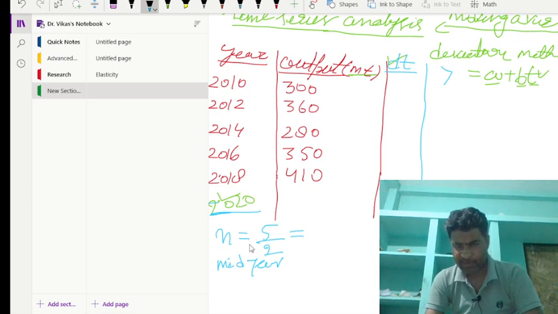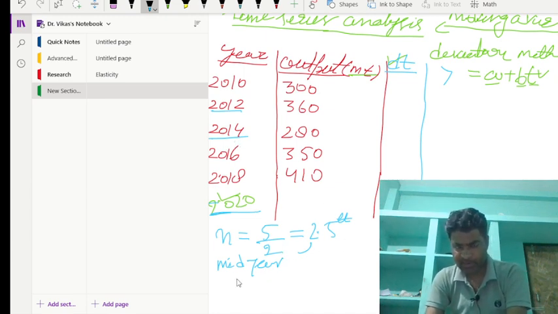For this we will divide the total number of observations by 2. So here we have 5 observations as the time periods, so 2.5 is the middle year. The 2.5 middle year will lie here, that is, a half in the second observation and a half in the third observation.